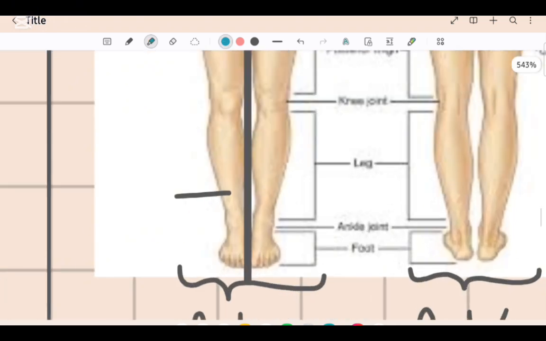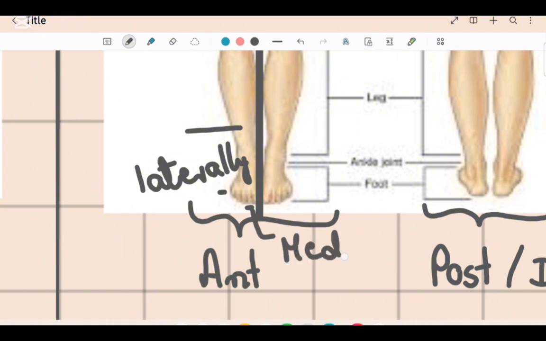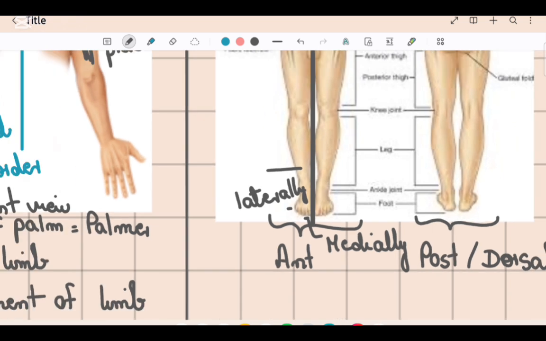Okay, so here, in the foot, your big toe is basically close to your midline, whereas your little toe is away from your midline. So your little toe here is laterally placed, whereas the big toe is more medially placed. And this is due to the embryological folding. When your limb is developing, there is the folding, that is a 90-degree rotation, or this 90-degree folding.